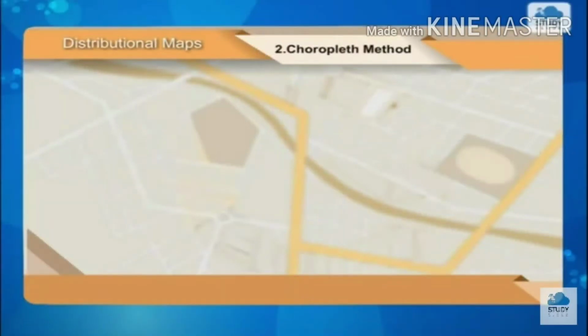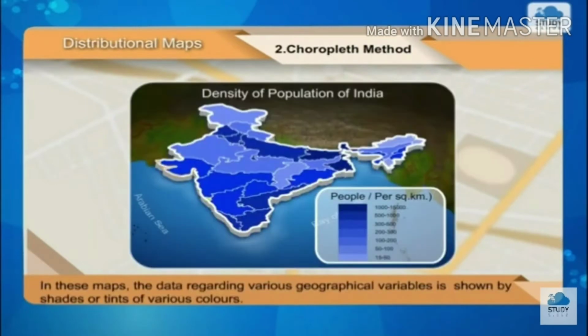Choropleth method. Data regarding various variables is shown by shades or tints of various colors.